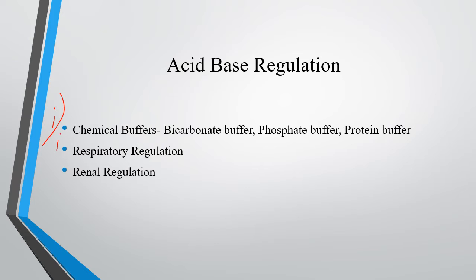Second is respiratory regulation, and third is renal regulation. Let's begin with the chemical buffers. They include both intracellular and extracellular buffers. The extracellular buffer is predominantly the bicarbonate buffer system, and the intracellular buffers are protein and phosphate.